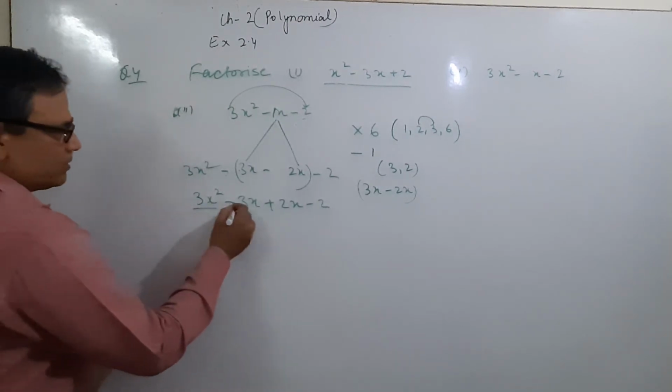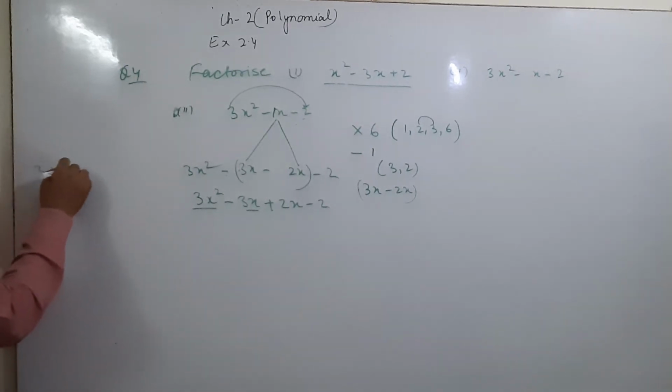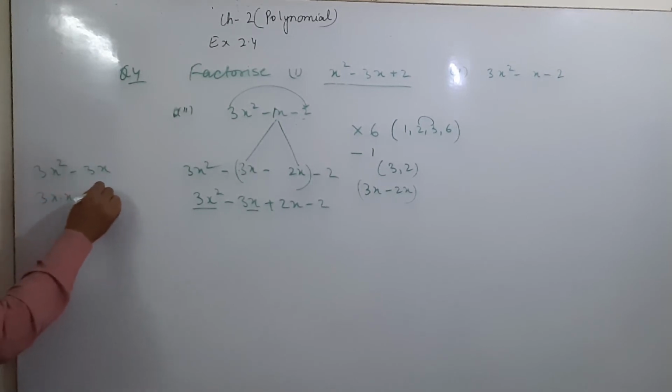And now what is common? This and this. Now write here 3x square minus 3x. First we write 3x square and 3x, or you can write 3x into x minus 3x. What is common? x is the same, it is cut, and 3 is the same, it is cut.